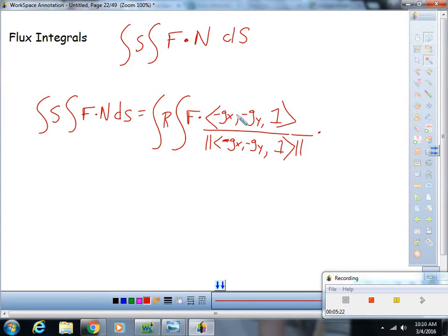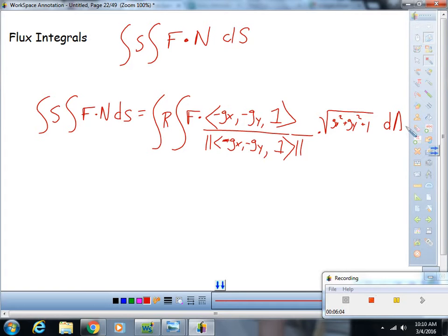That's a normal vector. Now we're no longer talking about S. What are we talking about? We want dA. So now we got to multiply by the area. And the area is simply g sub x squared plus g sub y squared plus 1, and then dA, okay?